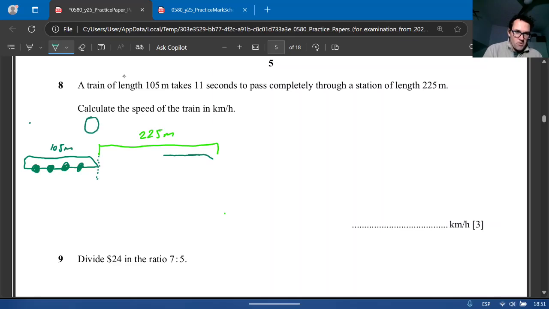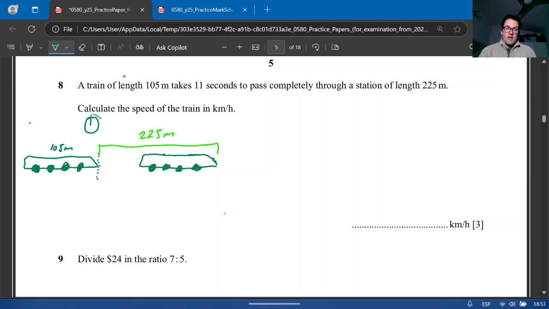When that front nose is level with the platform, the clock starts ticking until the train's front nose is level with the edge of the platform.